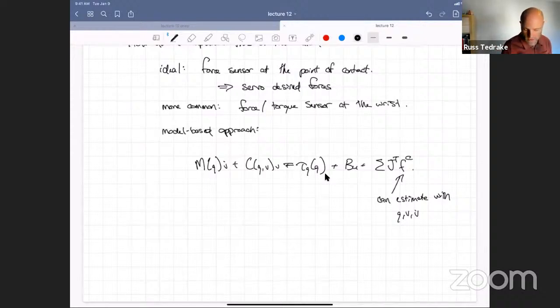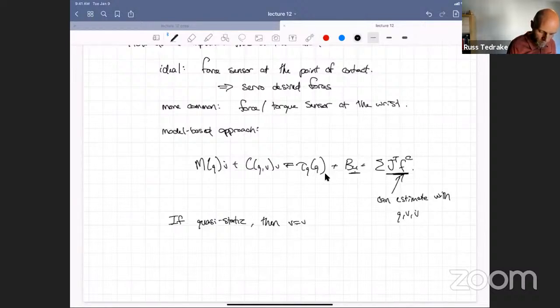The other thing you can do is try to command a u that regulates this directly, okay? So if, for instance, you're in quasi-static like this, the equations get a lot simpler. You can ignore this side of the equation.